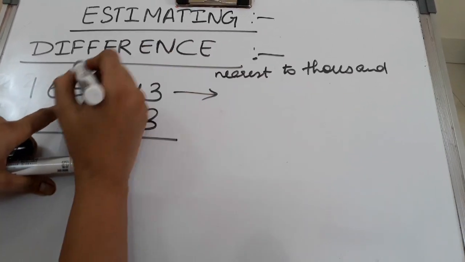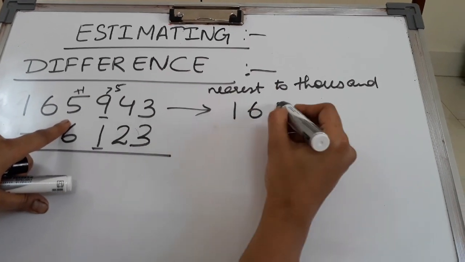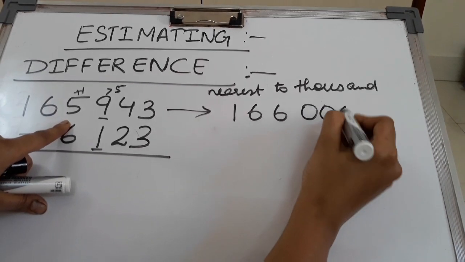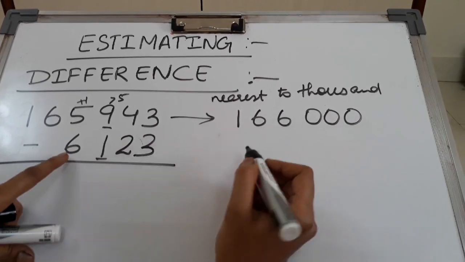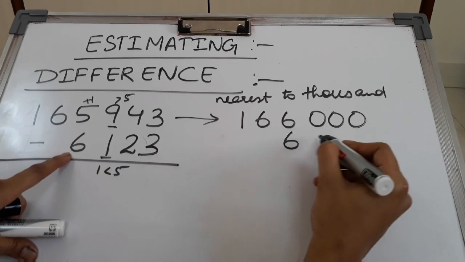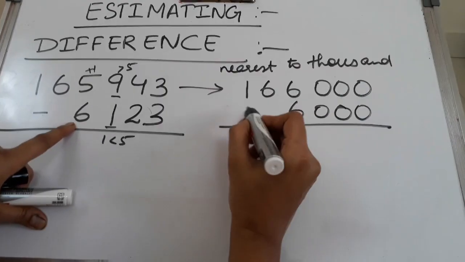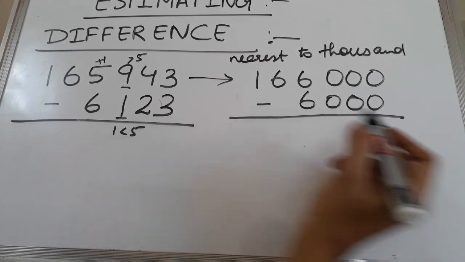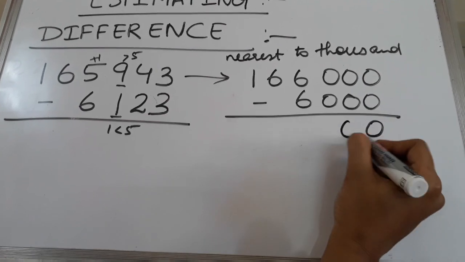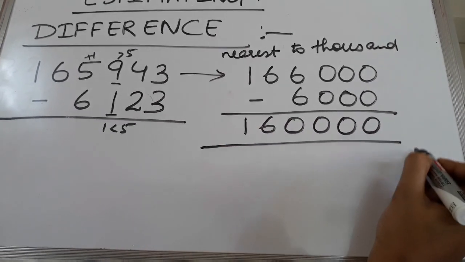We add 1 here because this is greater than 5. So the answer is this, and subsequent 3 zeros. Again, 1 is less than 5, so we keep this number unchanged. Okay, so this is nearest to 1000. We have rounded off to the nearest 1000, and subsequently we will solve the question here and get the answer.